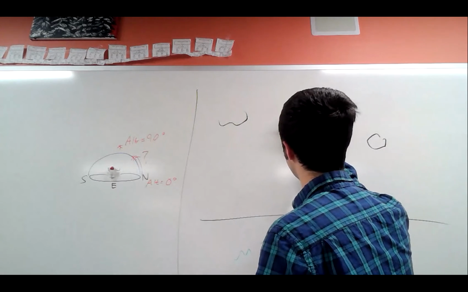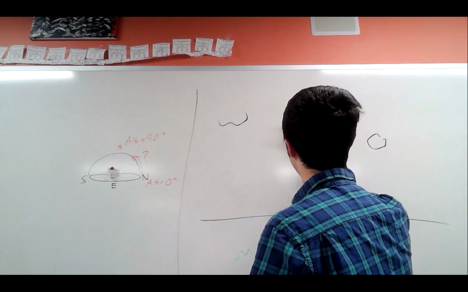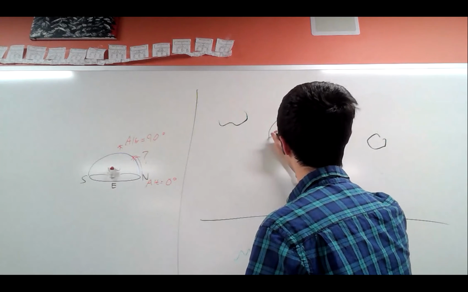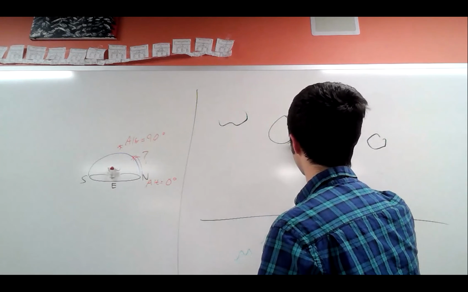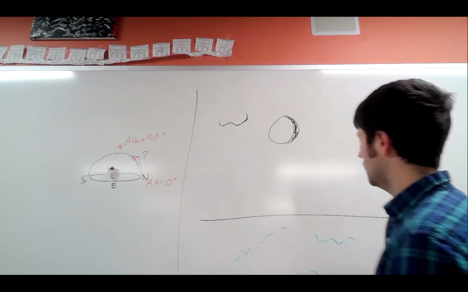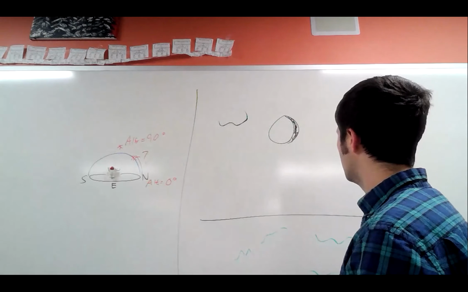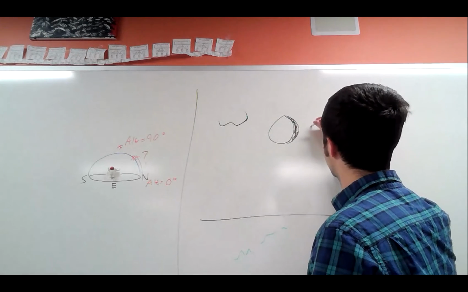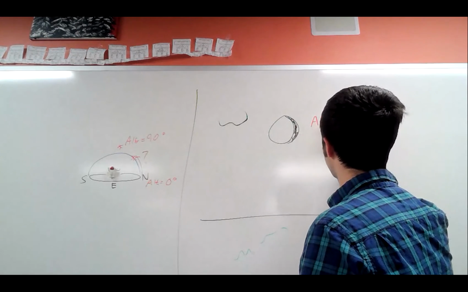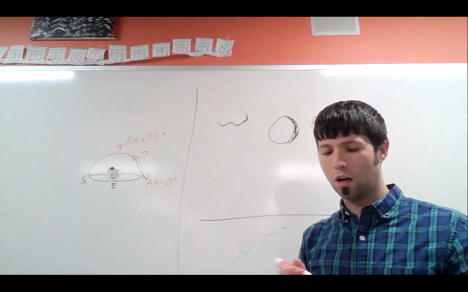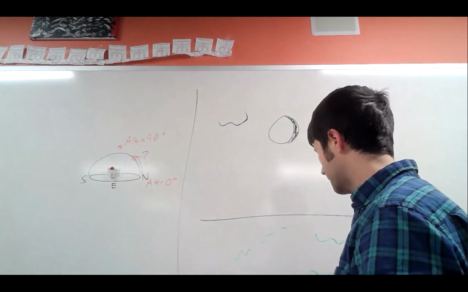And I also see the moon. Let's just say that it's an almost full moon. And I want to know, what is the altitude of the moon above the horizon? Because I don't have any fancy equipment with me, so how am I supposed to do that?